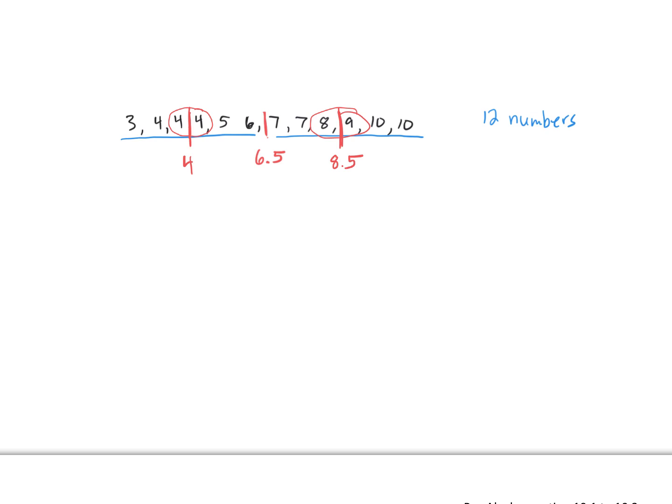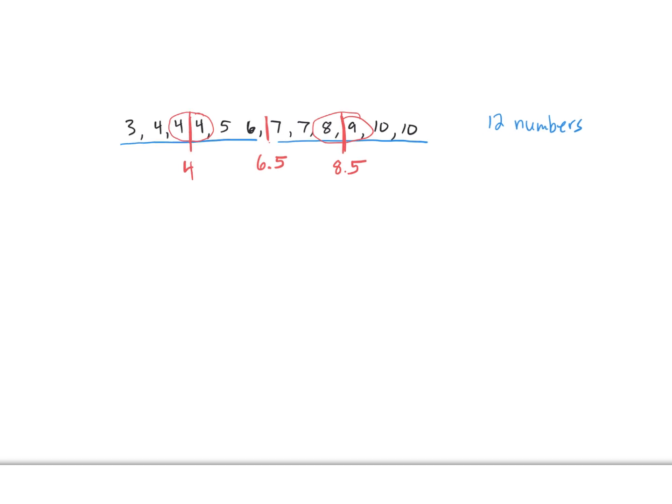So this is the lower quartile. This is the upper quartile. And this would be the middle quartile, which we also call the median of the entire list.